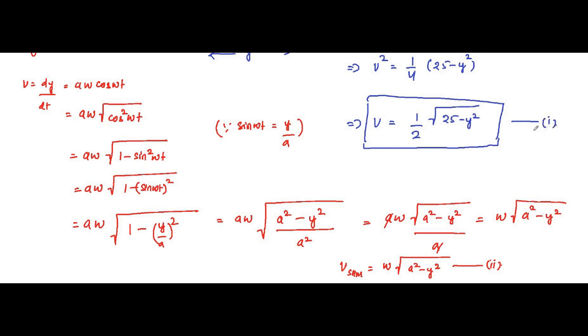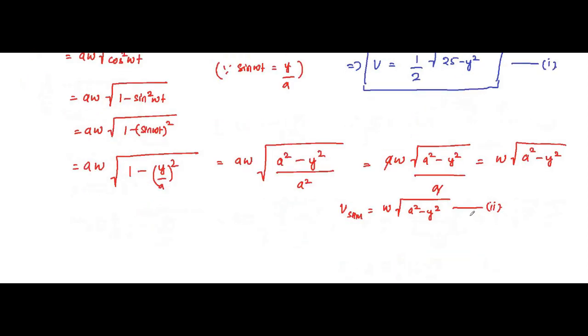If we compare equation 1 with equation 2, we'll see that omega, the angular frequency, is equal to 1 by 2 radians per second. The square of the amplitude a is equal to 25, which implies a is equal to 5 units, whatever units are taken, it is not mentioned here.